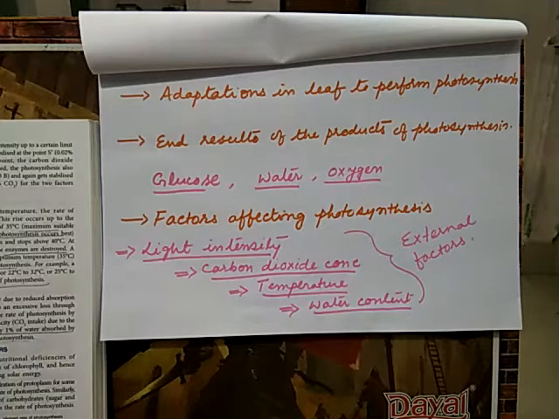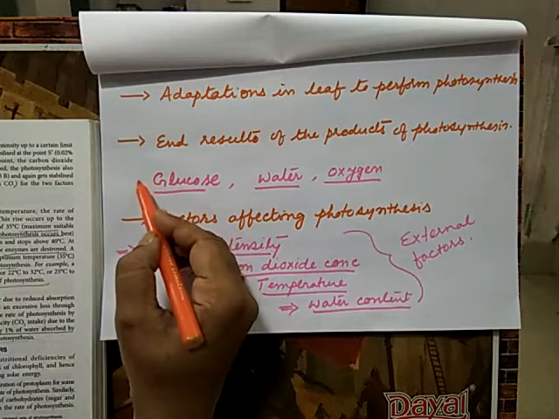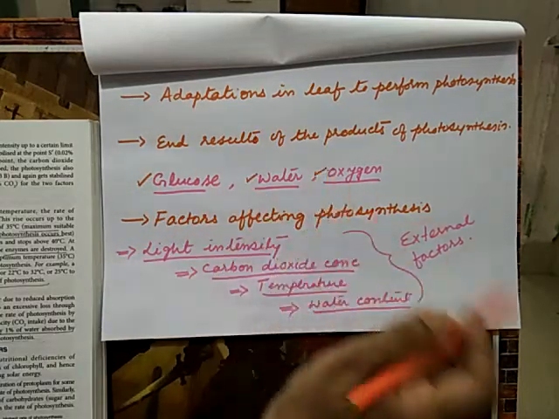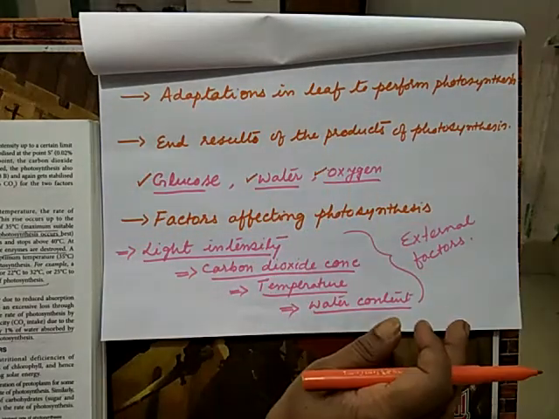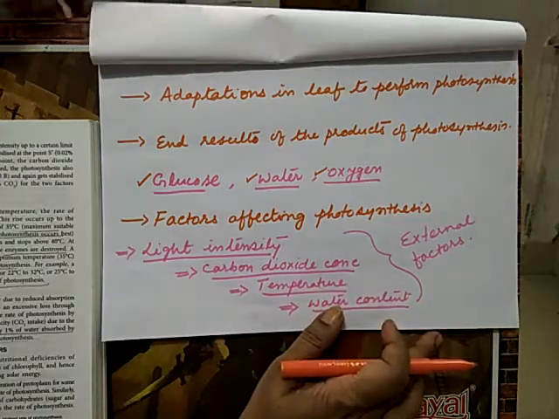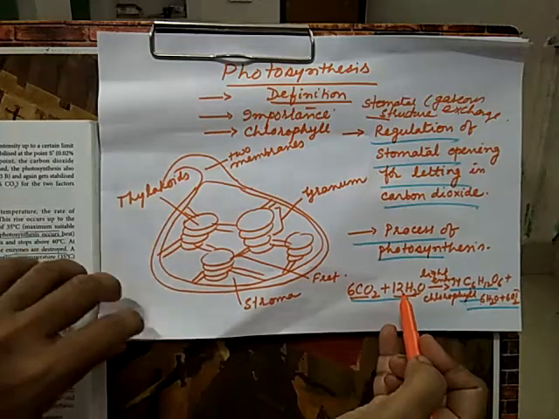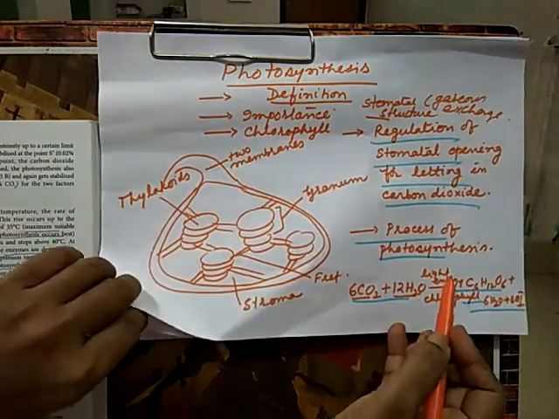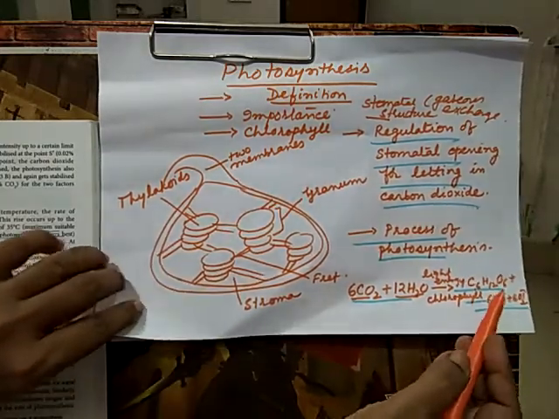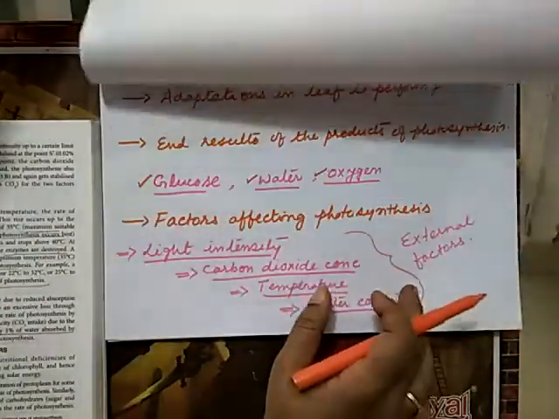The thinness of the leaf, the amount of chloroplast, and extensive vein systems are also suitable for photosynthesis. End products of photosynthesis are glucose, water, and oxygen. We have already gone through the reaction: 6 molecules of carbon dioxide plus 12 molecules of water, in the presence of light energy and chlorophyll, give glucose, water, and oxygen.